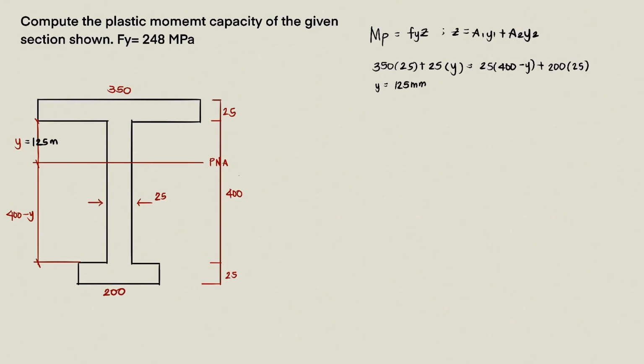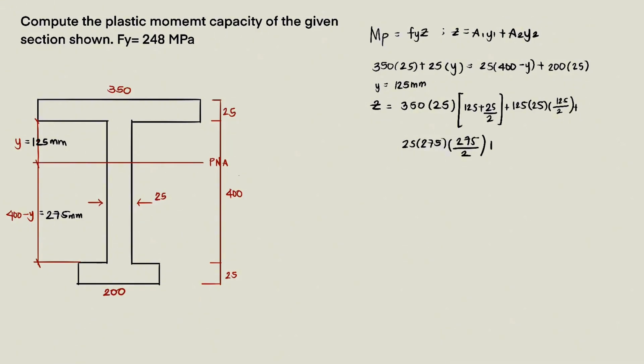So we can now get the value of Z. Let's consider our Z at the top. We have 350 by 25, so the distance from the neutral axis is 125 plus half of 25, plus this 125 multiplied by the thickness of 25, multiplied by the centroid from the neutral axis, 125 over 2. Plus this one at the bottom, we have 400 minus y, which is equal to 275.